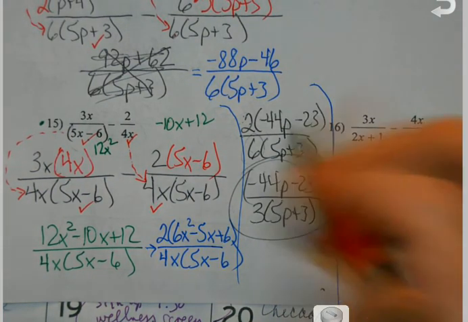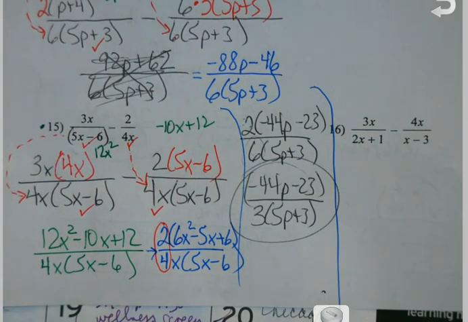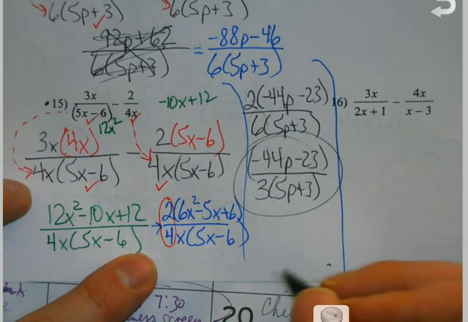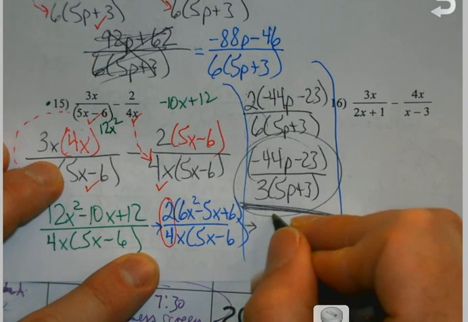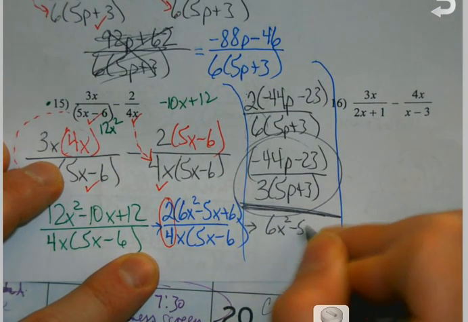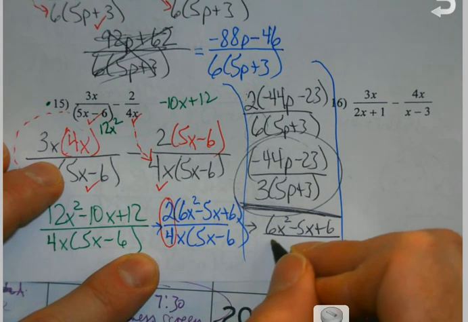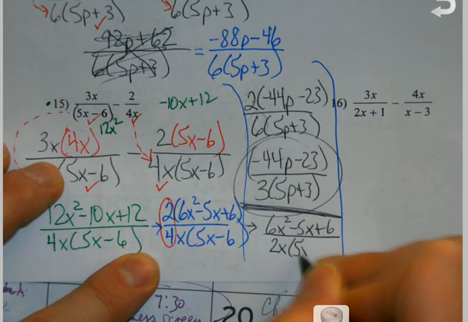I take one last look and I say, ooh. And reduce that part. So finally, we get to the answer. Where am I going to put it? See, I took up that extra room. No. I got room. 6x squared minus 5x plus 6 over 2x, x minus 6.